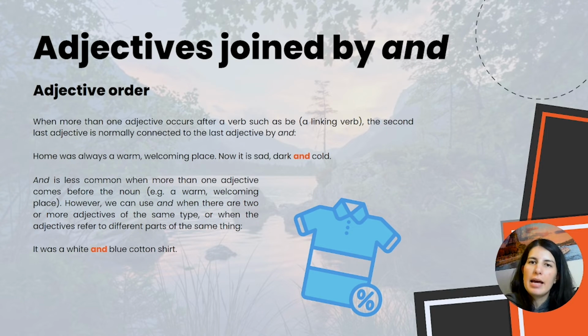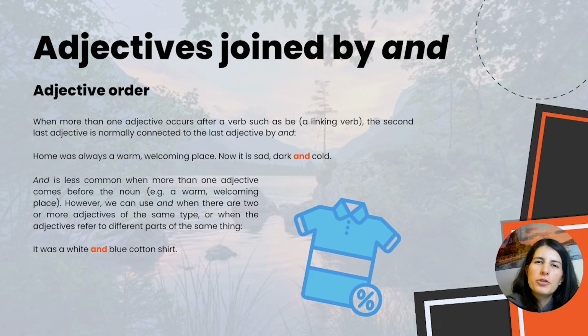You can just add as many adjectives as you want and then put the thing, place, or person right at the end. However, it is completely possible to add and between the last two adjectives on that list. That will happen if you are describing something and you finish the sentence on the adjective.